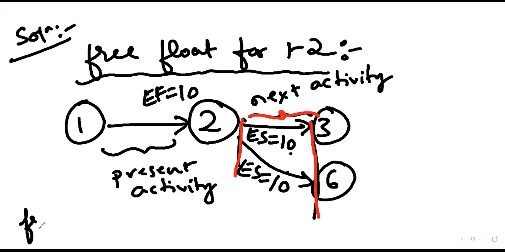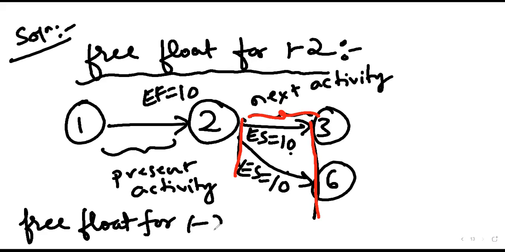So free float for 1-2 is equal to 10 minus 10. Answer is 0. The first value is 0. That means what? We are assuming that the first activity 1-2 will finish as soon as possible.